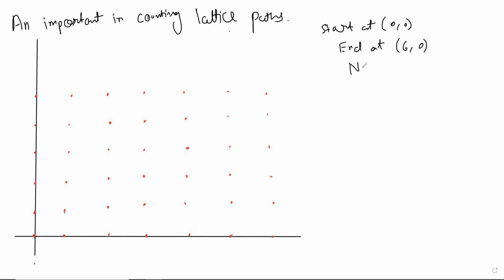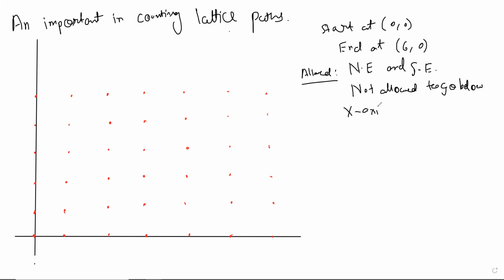And the moves are northeast and southeast. These are the allowed moves, with the condition that we are not allowed to go below the x-axis.